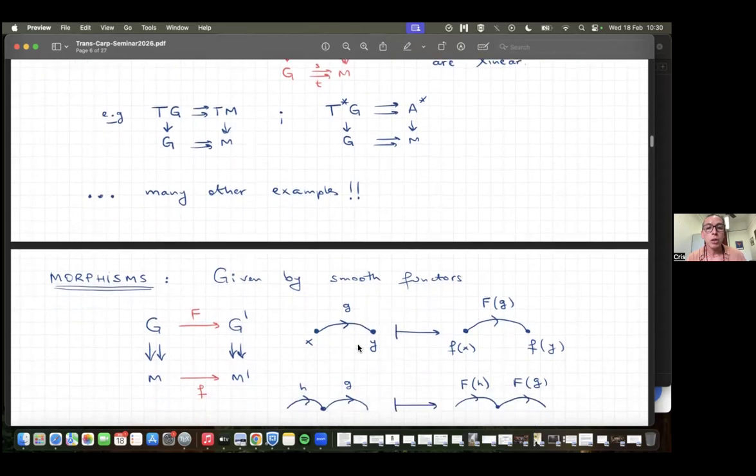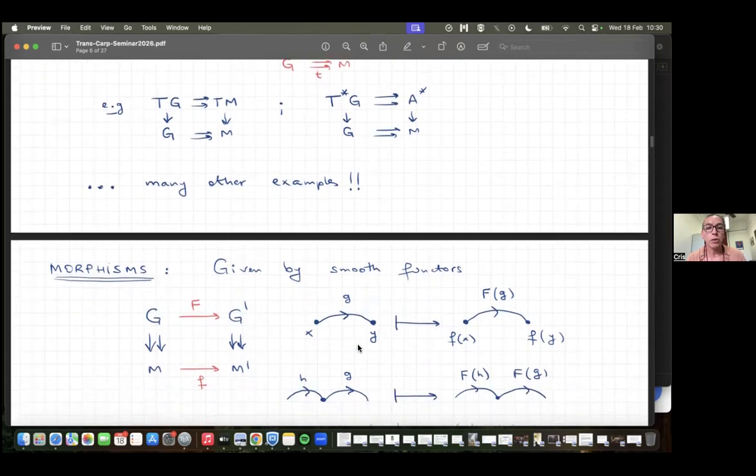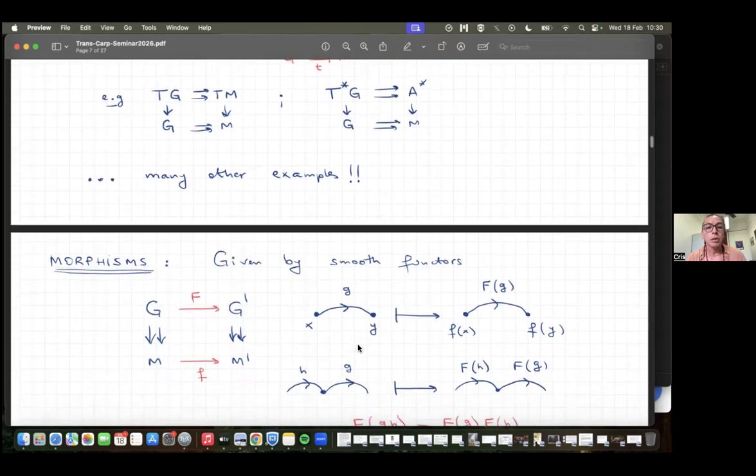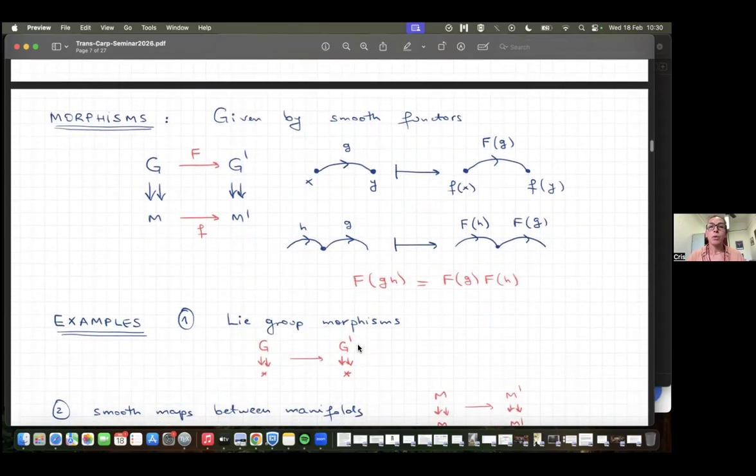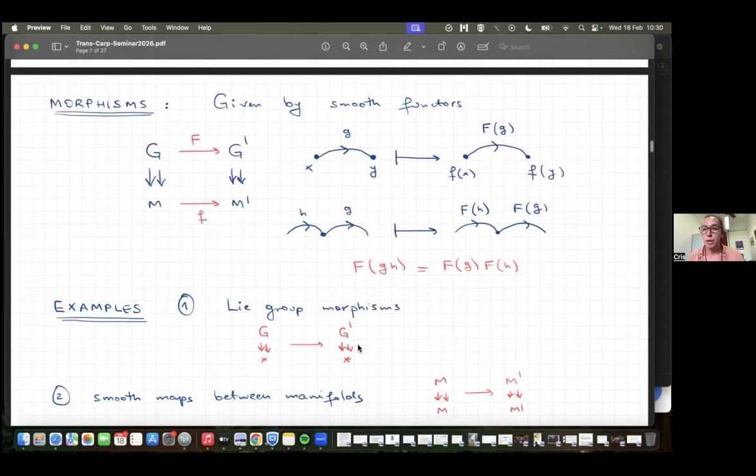Let me tell you about morphisms of Lie groupoids. Since groupoids are categories, one relates categories via functors. So if we start with a groupoid G over M and a groupoid G prime over M prime, a Lie groupoid morphism is a smooth functor.